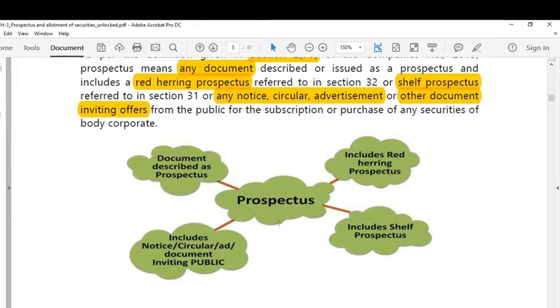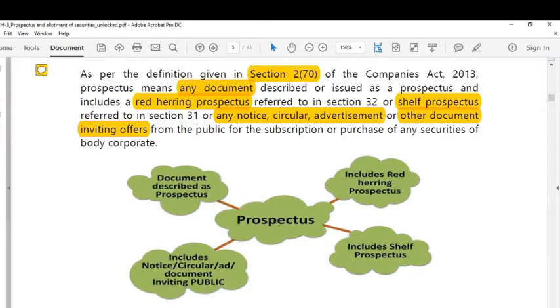So this is the definition of a prospectus and also what it includes, as given in Section 2, subsection 70 of the Companies Act 2013.